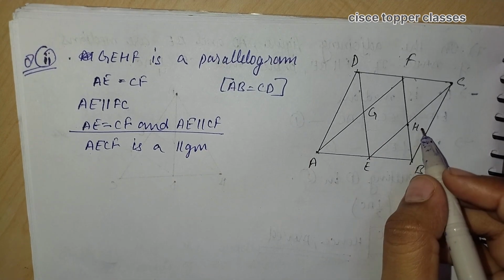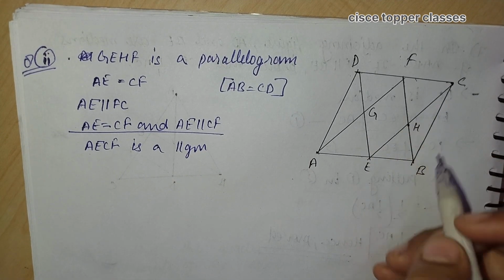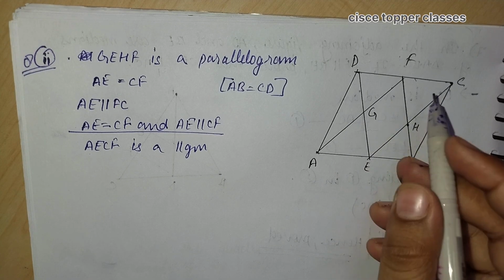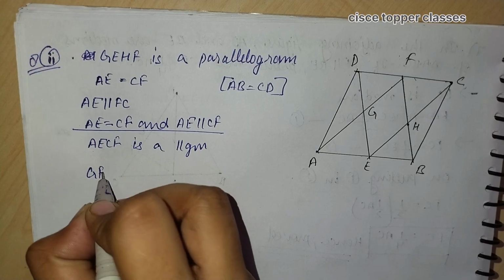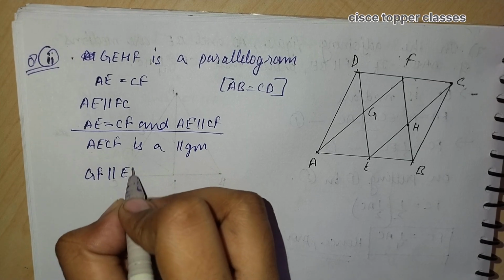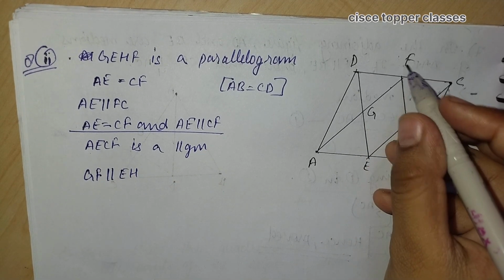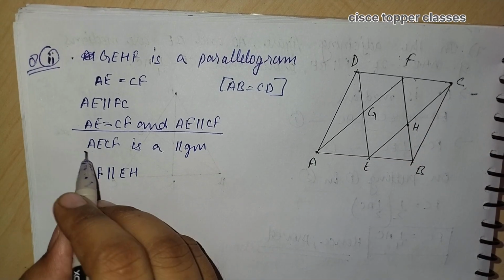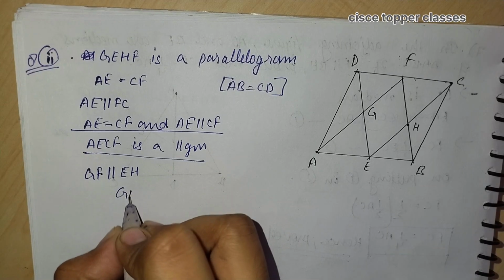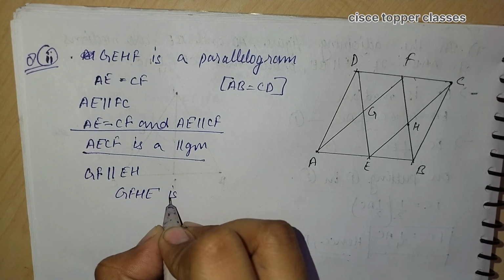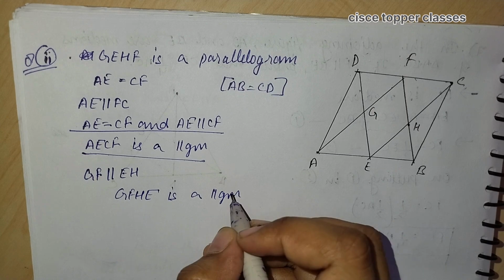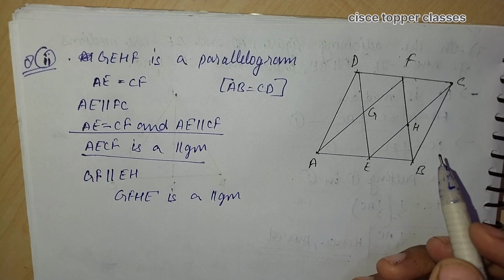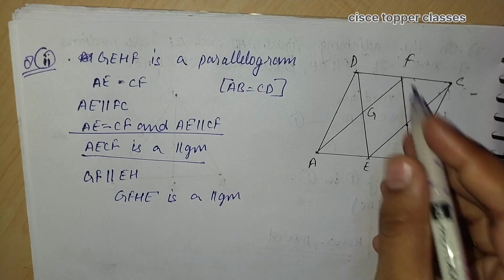Now G and H are points on the AF and CE, so we can simply write here also that GF is parallel to EH here, because this is GF and this is EH, so this is parallel here. Similarly, we can prove here also, as we have proved in this, that GFHE is a parallelogram. From here only we can prove. Now points G and H are on the line DE and FB.